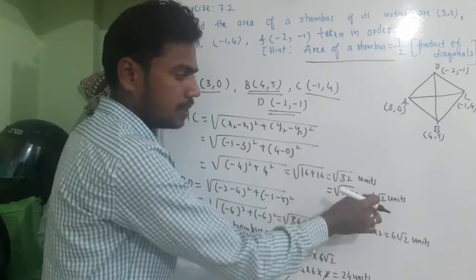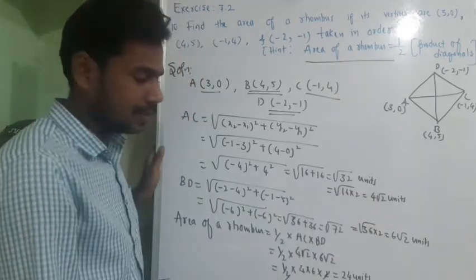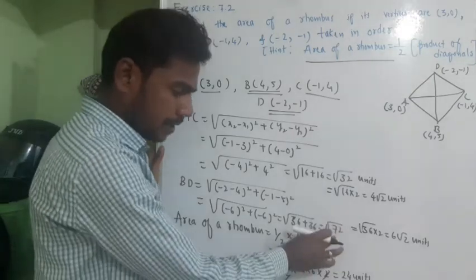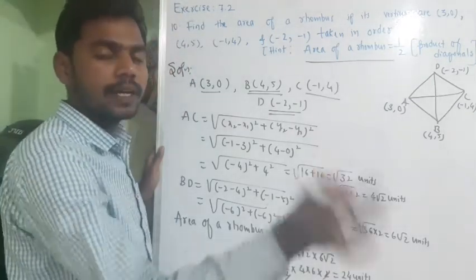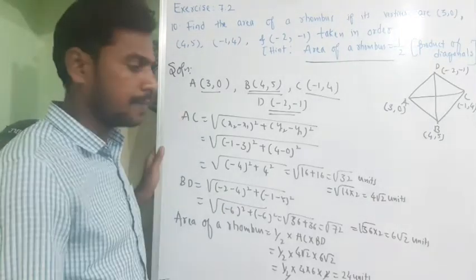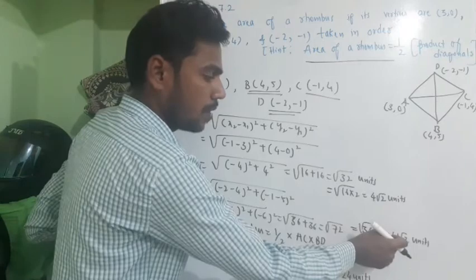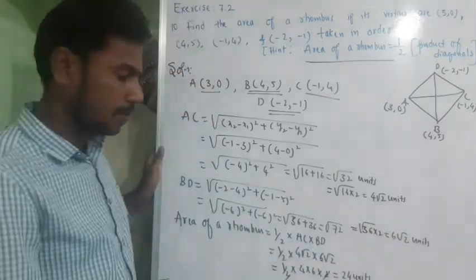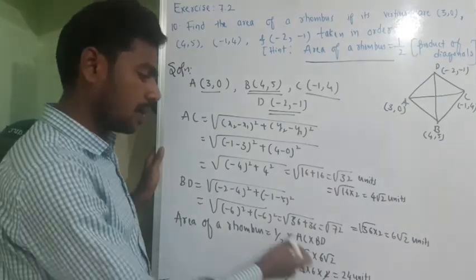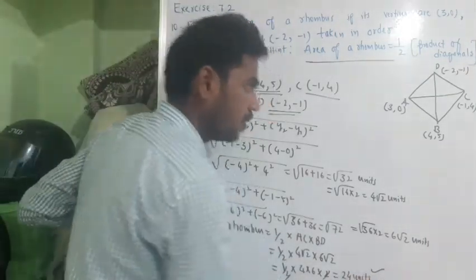Square root of 16 is 4, and root 2 remains as it is. 72 is a 36 multiple, and 36 is a square. So if you take out 36, the square root of 36 is 6, and root 2 will remain under the root. Then half into product of diagonals, so we arrive at 24 units.